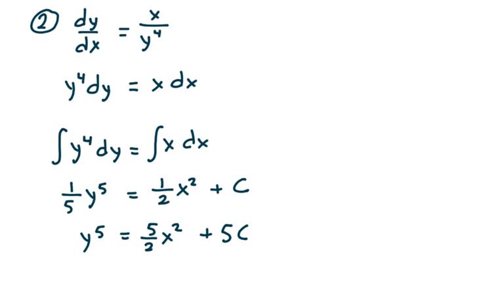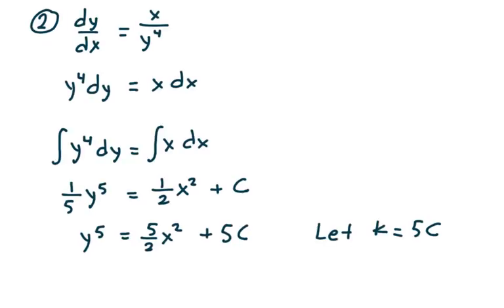Now, I'm going to let k equal 5c. And so, therefore, y to the 5th is equal to 5/2 x squared plus k. I can still solve for y very comfortably.